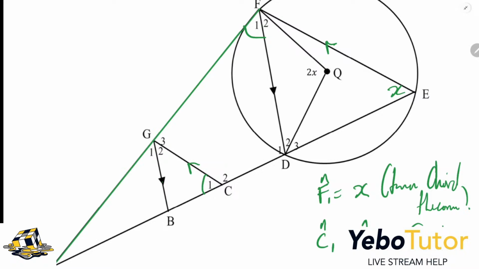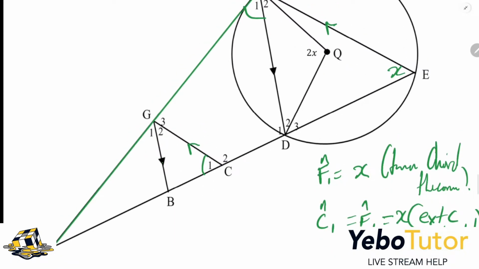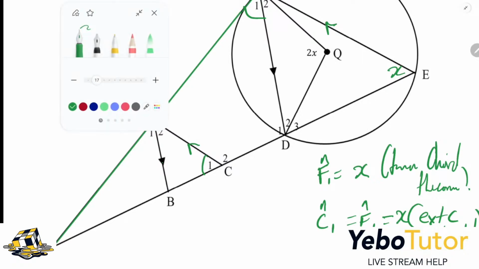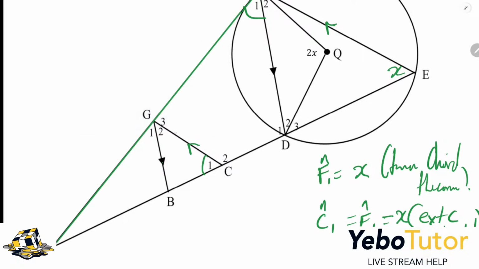They told us this is a cyclic quad, guys, so we can use that to our advantage. This is the cyclic quad they told us, so it is equal to x as well, as an exterior angle of the cyclic quad.